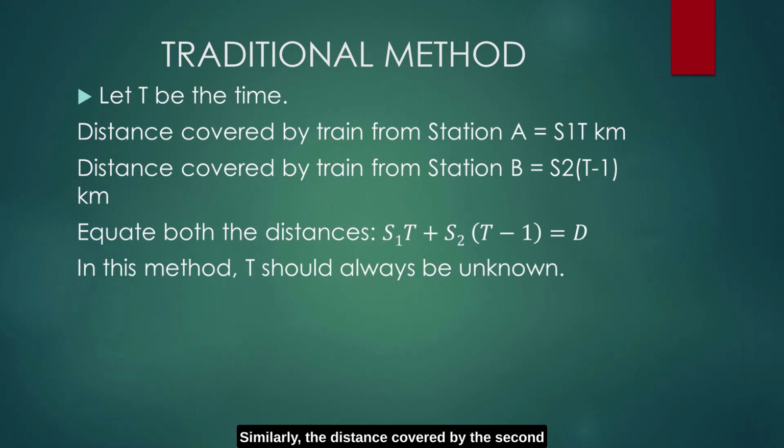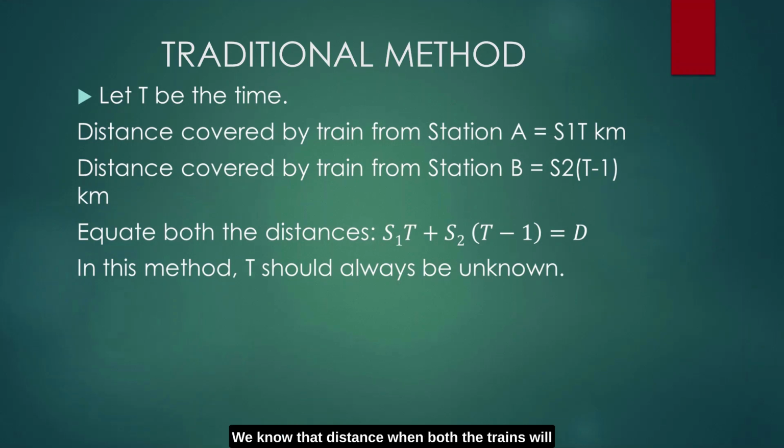Similarly, the distance covered by the second train can be written as S2 of t minus n. Here instead of 1, assume it as n, t minus n, where n denotes the number of hours difference between the starting time of the first train and that of the second train.